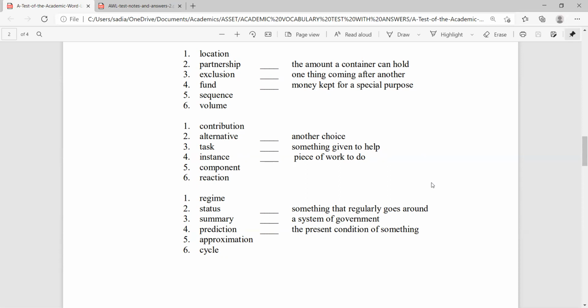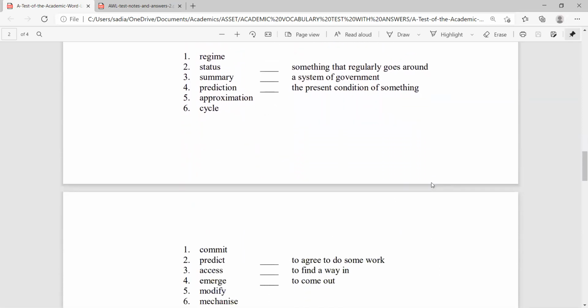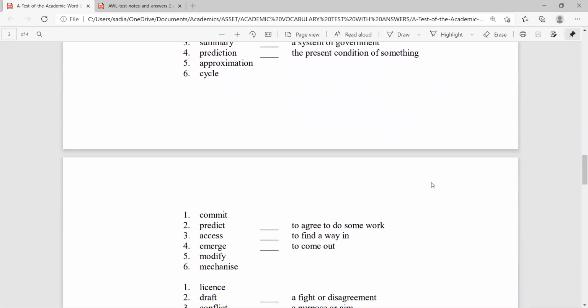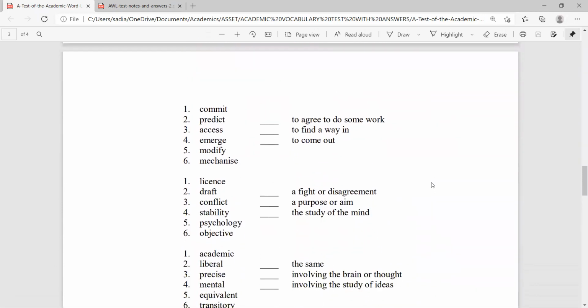Seventh set. If you don't know the meaning, you may pause the video and look up the meaning and try responding. Next set. Let's proceed to the next set.